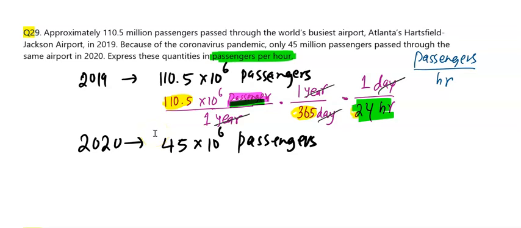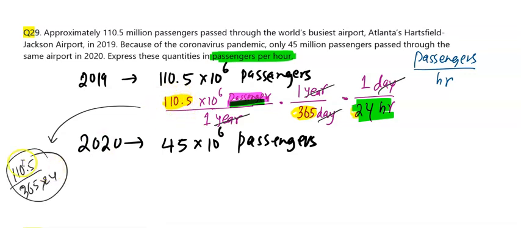If I do this math, 110.5 divided by 365 times 24, I'll get 0.012614155.